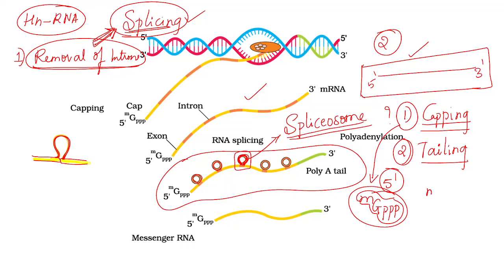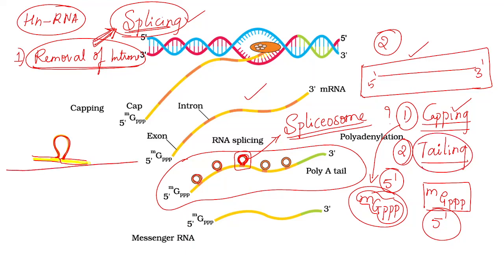Do you remember methyl guanosine triphosphate? The process of addition of methyl guanosine triphosphate to the 5' end of the mRNA is called capping.